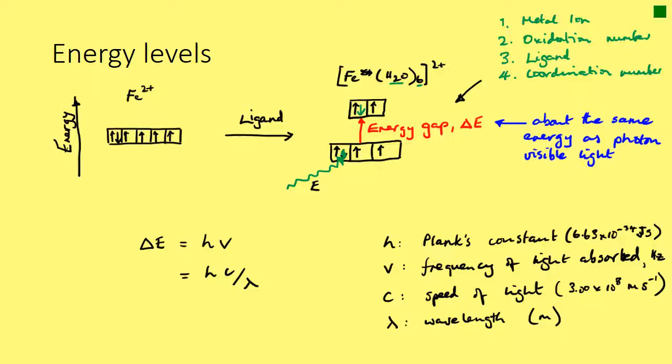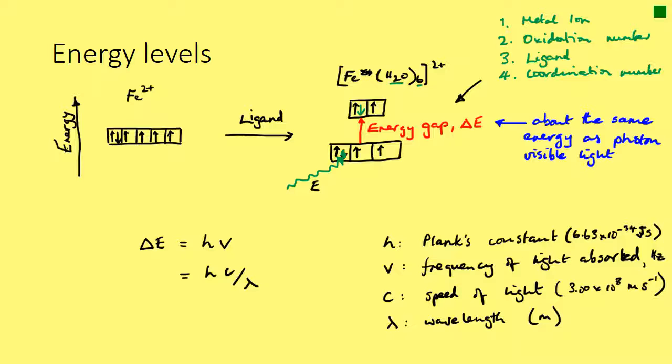And the energy of this photon, let's just give it an E here. So the energy, or you could say the change in energy between the d orbitals, can be worked out from the following equation.